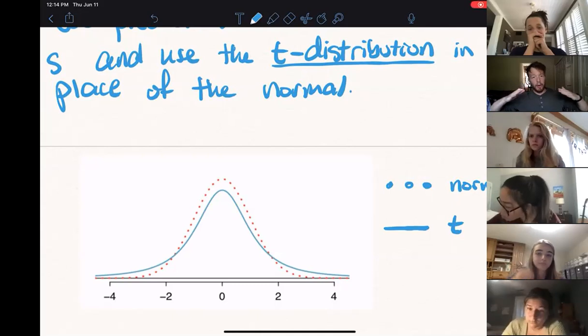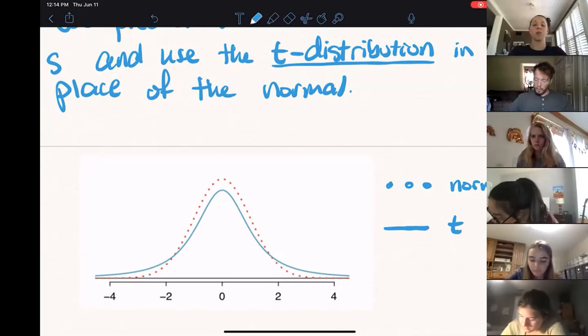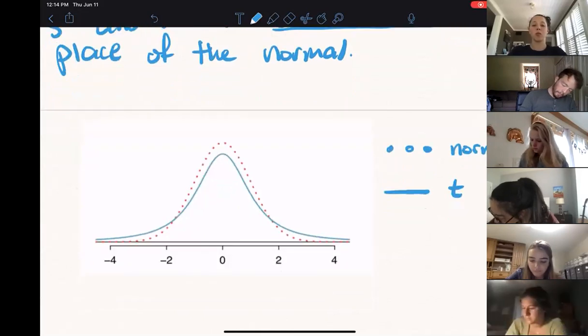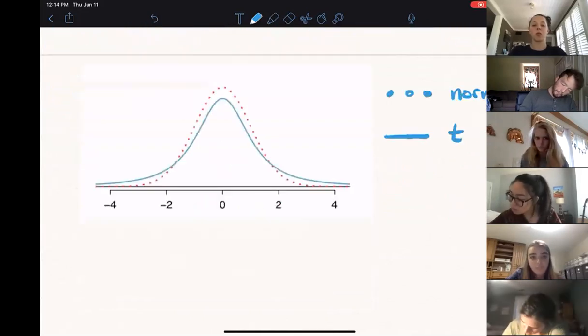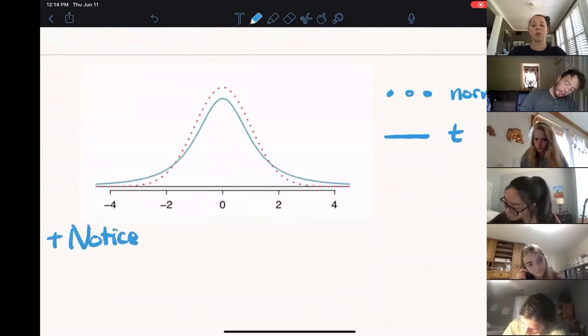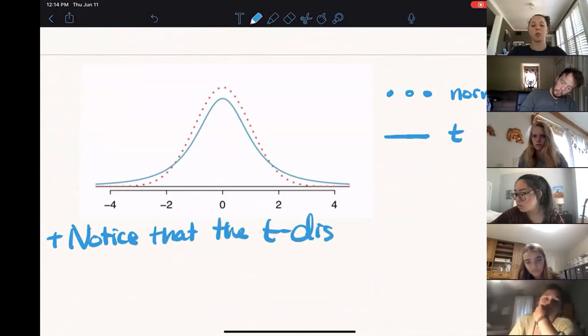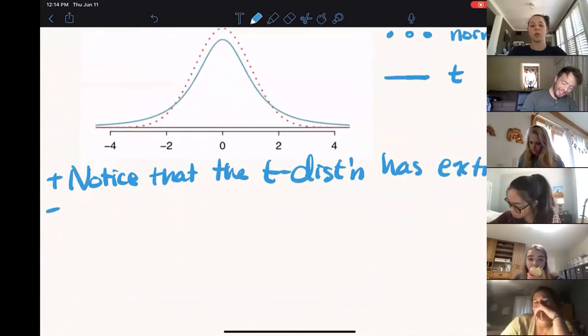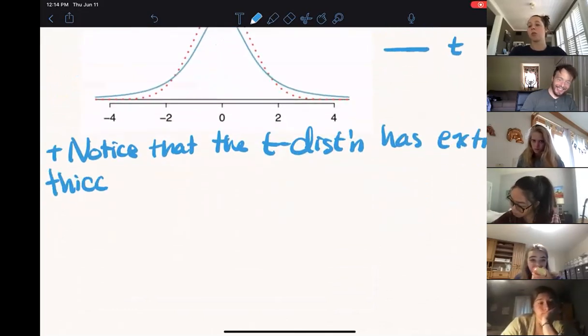And there's more area in the t's tails. So let me write that down. So notice that the t distribution has extra thick tails.